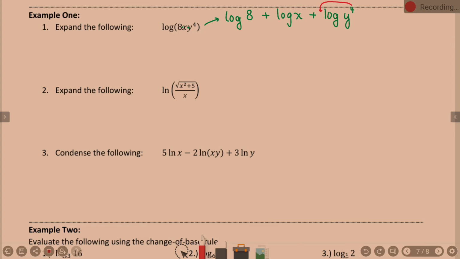Now, technically, we can use the power rule on one other term here. Would be x. I mean, you can. Can you turn the 8 into 2 cubed? What do we know about 8?